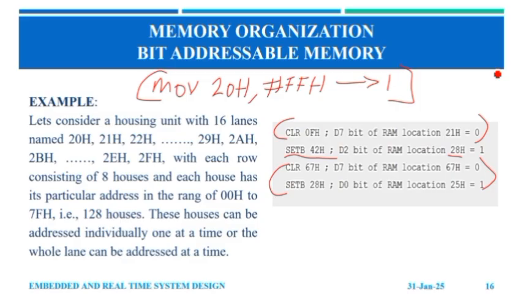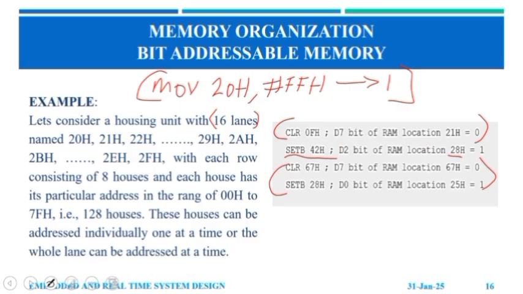Let's consider an estate that has 16 blocks of flats. That 16 blocks is given as 16 lanes, and each of those blocks is named 20H, 21H down to 2FH.